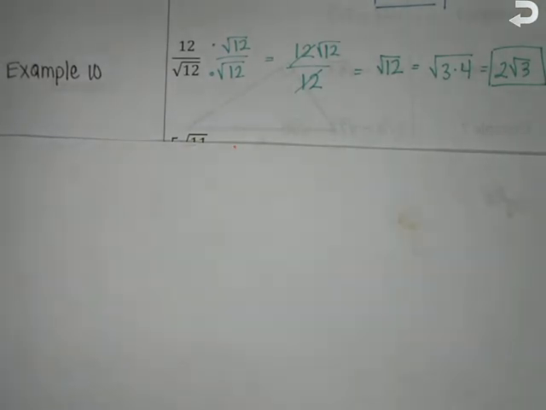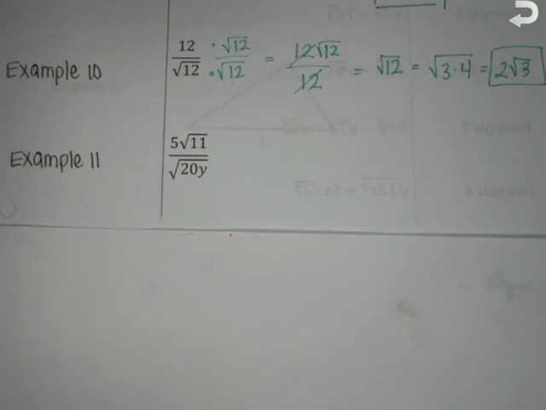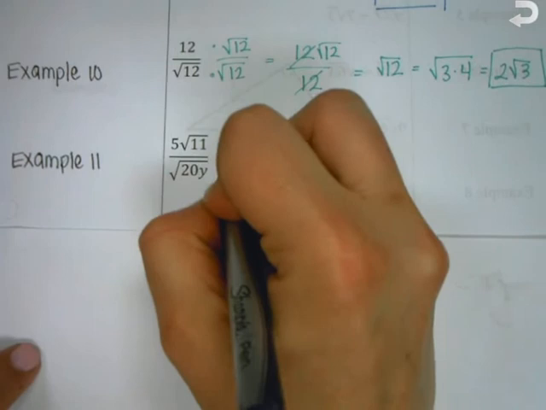Okay, so try 11. Okay, what do I do first? Multiply by square root of 20y. Top and bottom, right? Okay, so far everybody good?